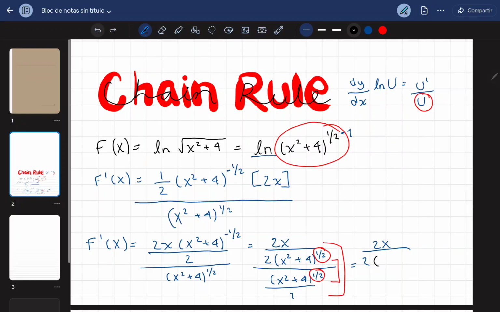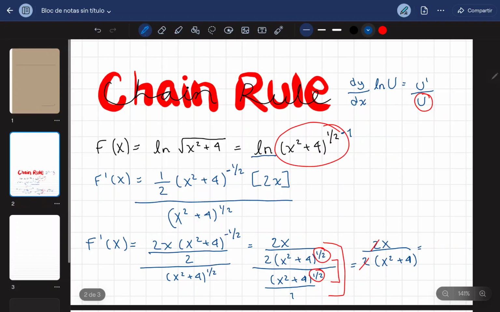Oh, I changed the color. x squared plus 4. And it looks like this. You have 1/2 plus 1/2, it is 1. You don't need to write a 1. It's okay like that. Now, you can cancel these 2 with these 2.